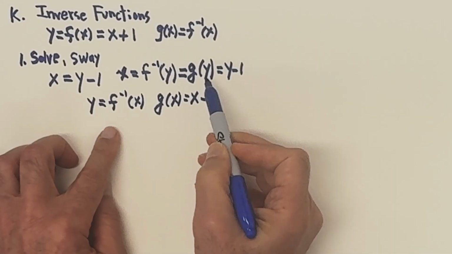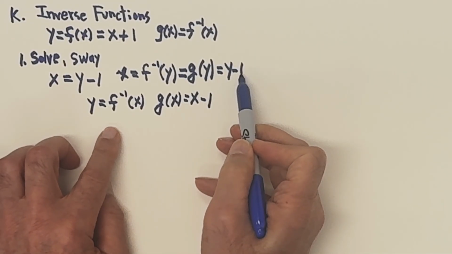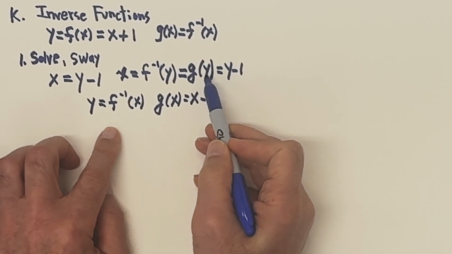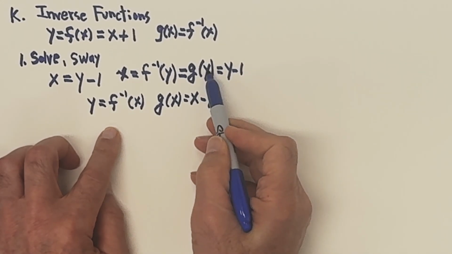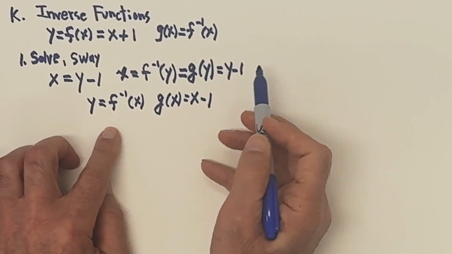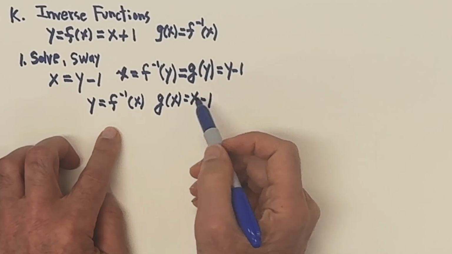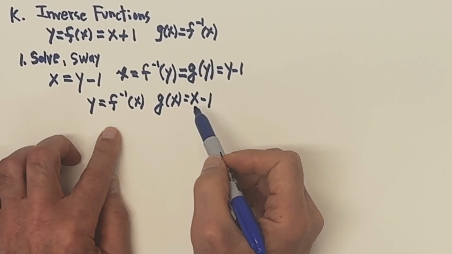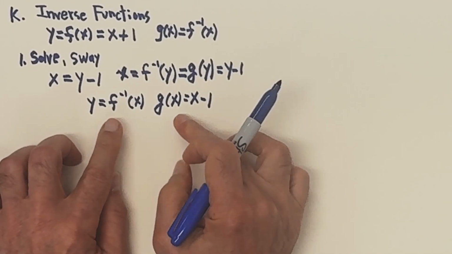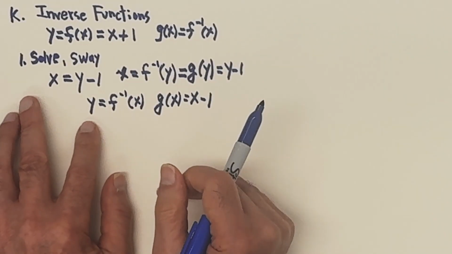The way you should think of this is that when you have something like g of y is y minus 1, I can make this anything. I can make that s minus 1. I can make that w minus 1. So making it x minus 1 gives us the inverse function we were looking for, but in the standard form. And the advantage of this is I can plot it on the same graph, y versus x.